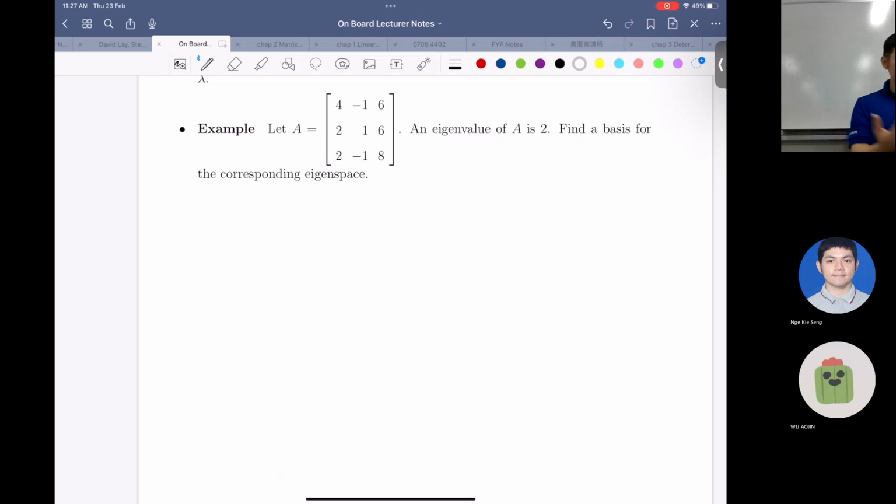So you want to find a basis of a null space. Is this familiar? A basis of a null space. Let's spend 10 minutes. I let you try to do this. Then I need to run to the toilet for a while. I'll come back.